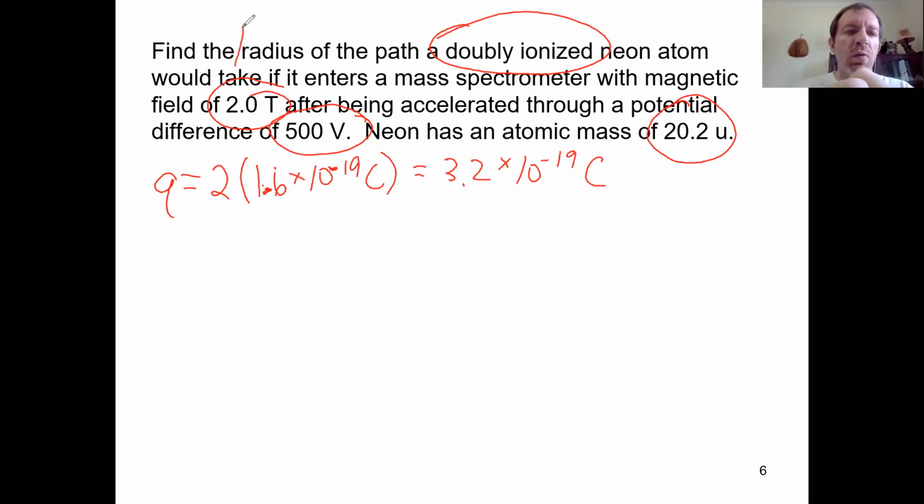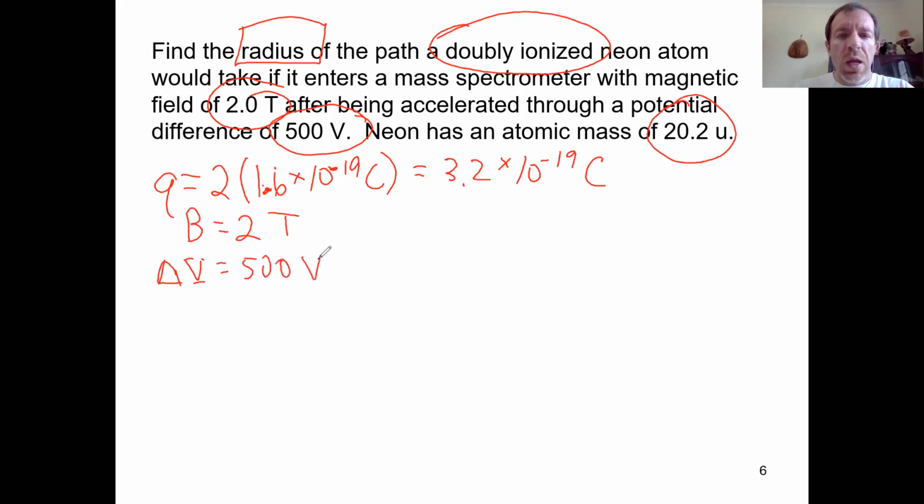We're asked to solve for the radius of the pathway that this thing takes. We've got Q, the magnetic field B, the potential difference delta V, and the mass of this thing, 20.2 U.